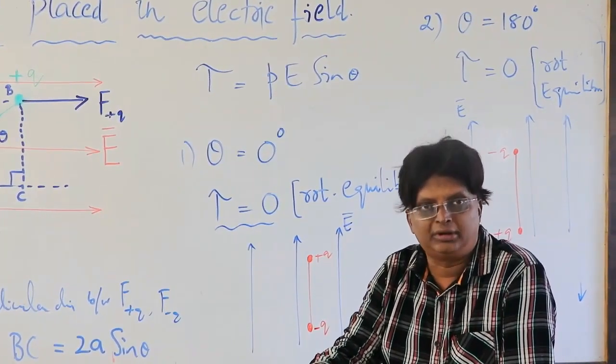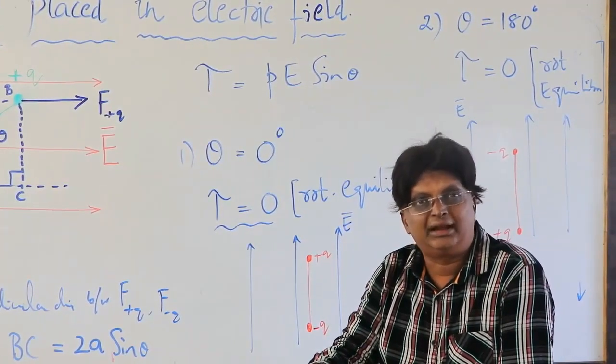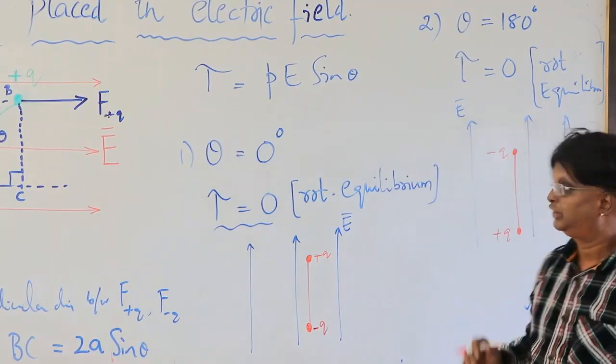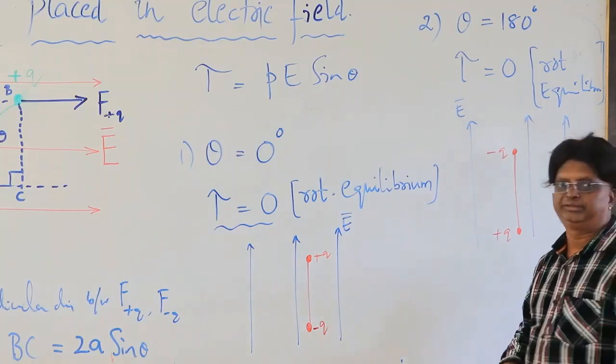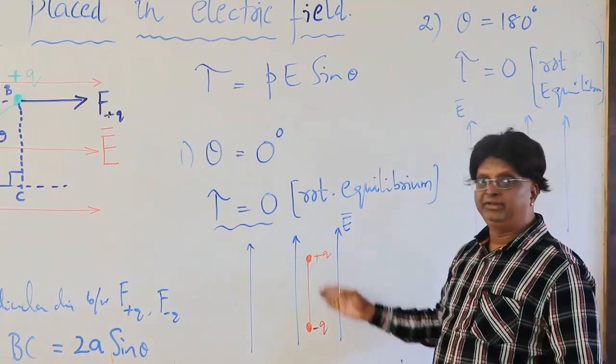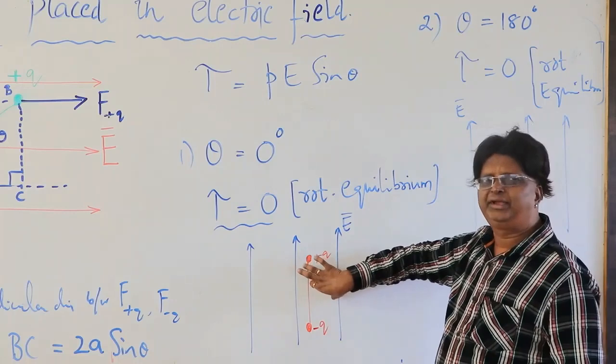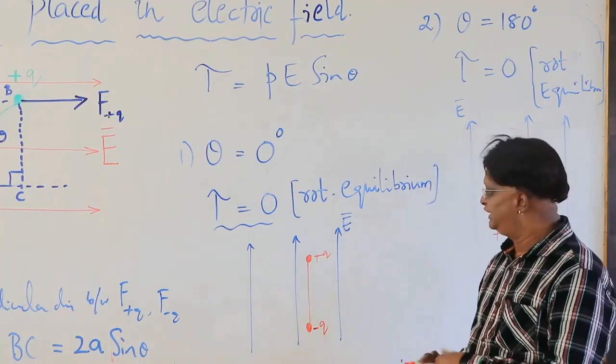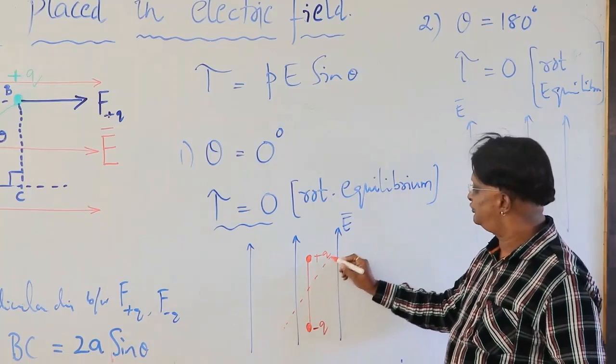And I have told you already the definitions or the understanding of stable and unstable equilibrium. Now here, theta is equal to 0 degrees. Once it is in equilibrium, now I just slightly have a small disturbance. I change the alignment to this position.